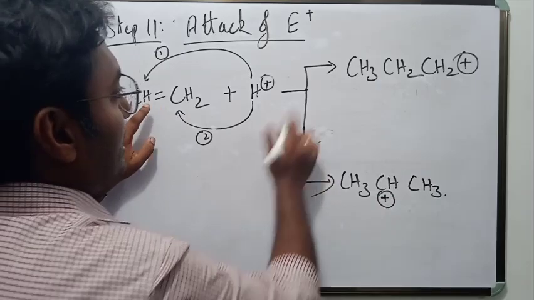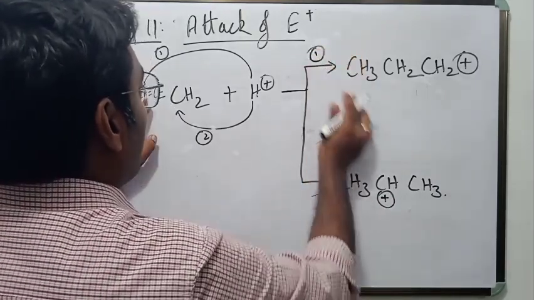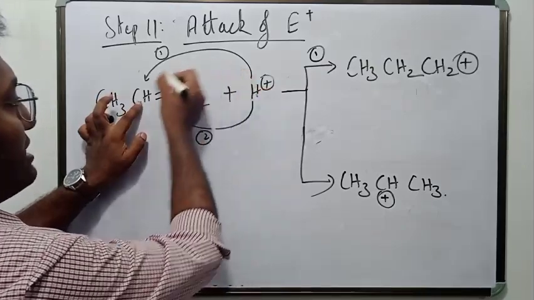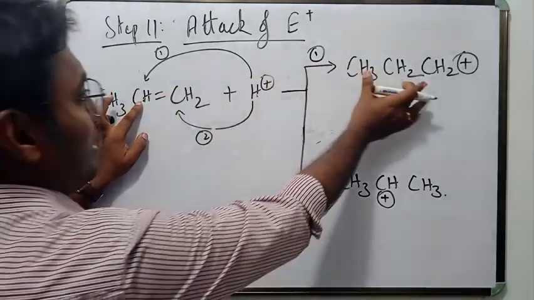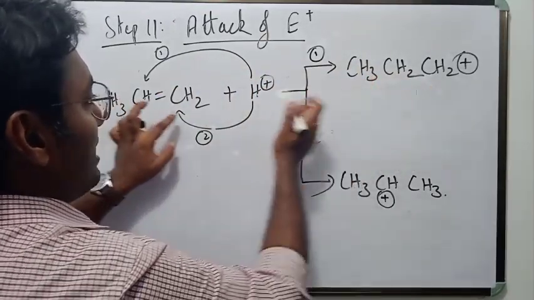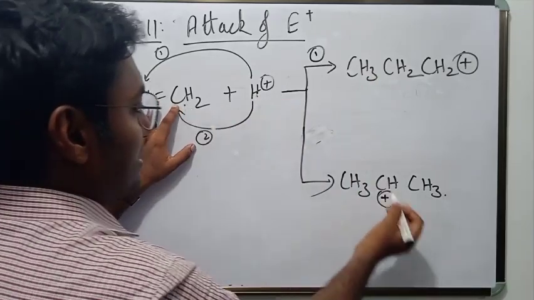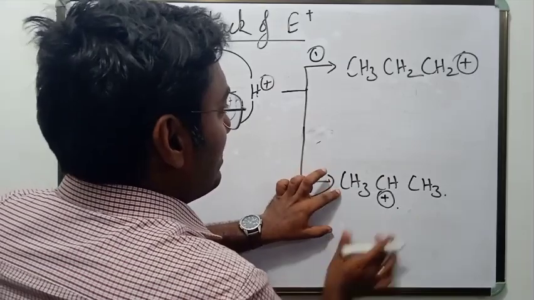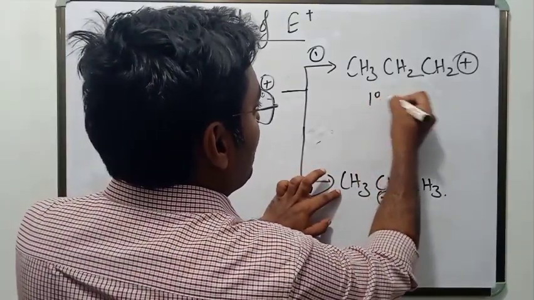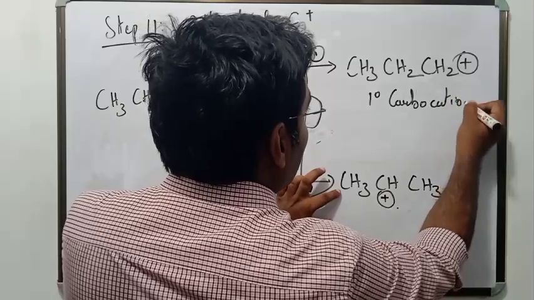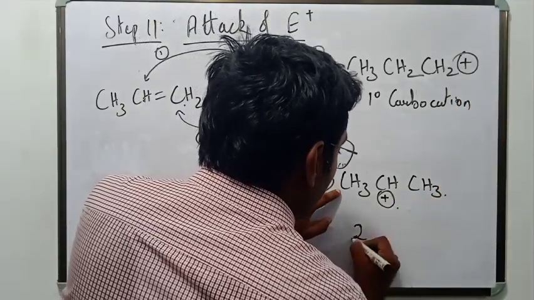So in case 1 we can see this carbocation. In case the H attacks this carbon, this carbocation results, and in case the H plus attacks this carbon, this carbocation results. Okay, this is primary carbocation and that one is secondary carbocation.